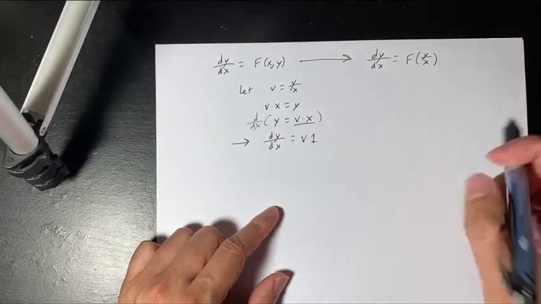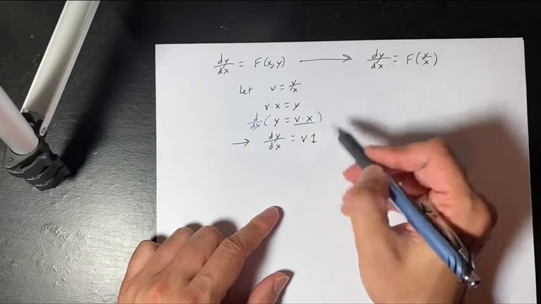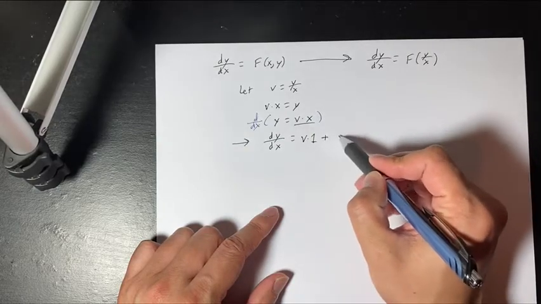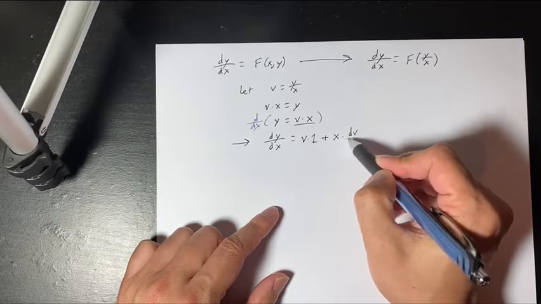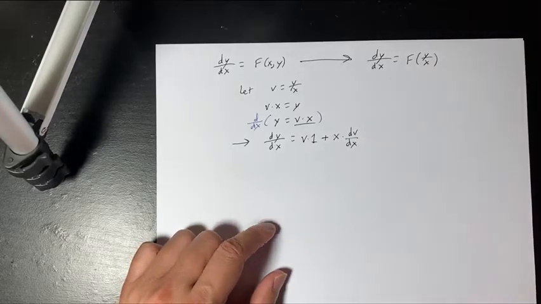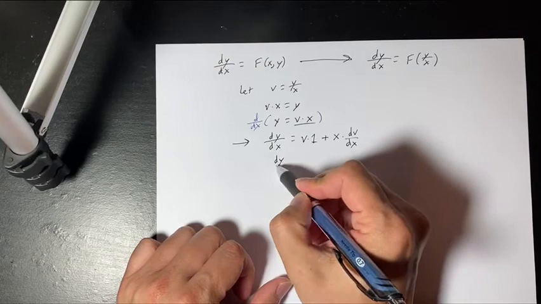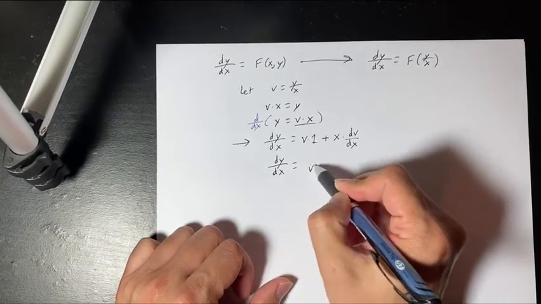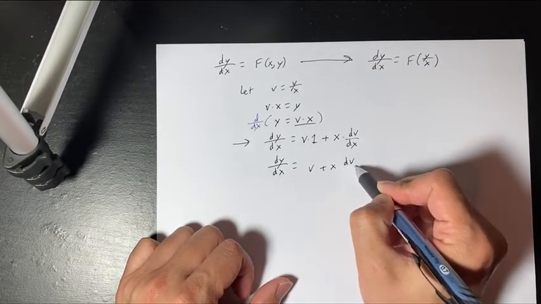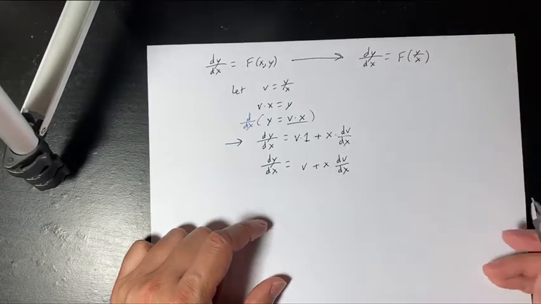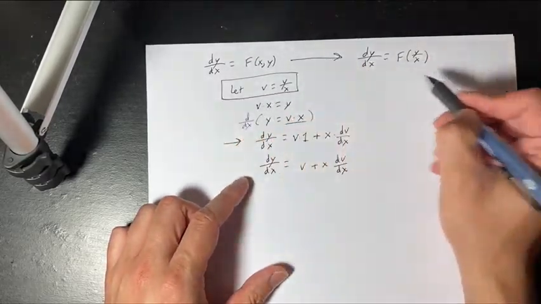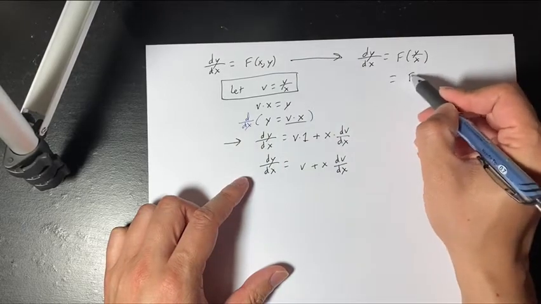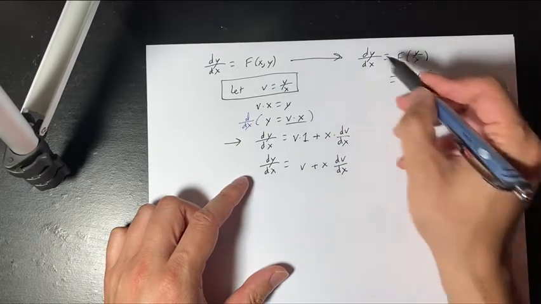So keep v, differentiate x with respect to x, you get a 1. Now I'm going to keep x, differentiate v with respect to x, is dv dx. So dy dx is v plus x dv dx.